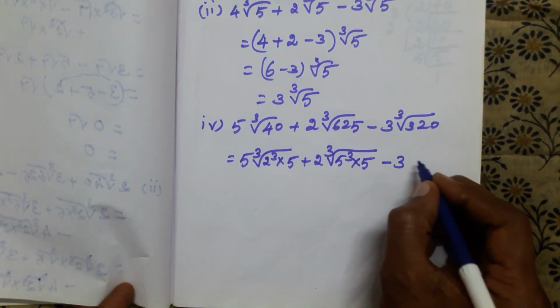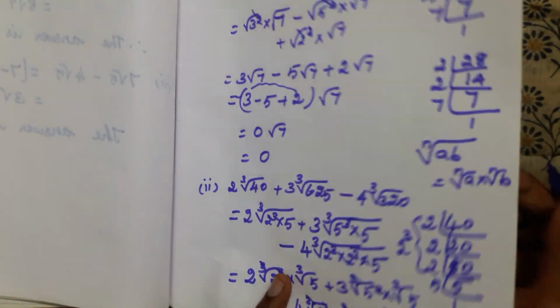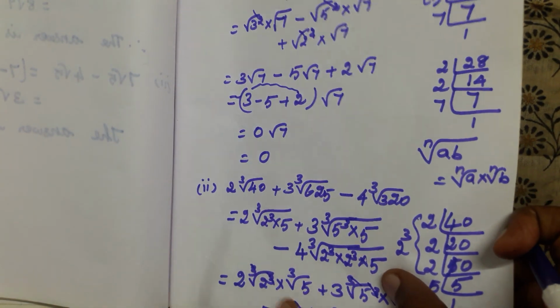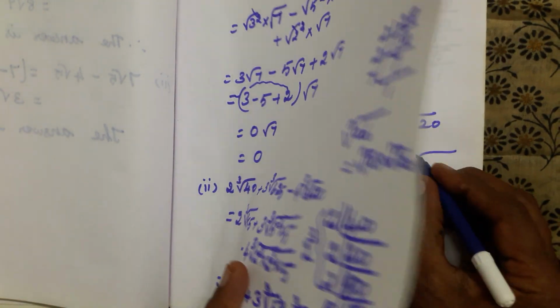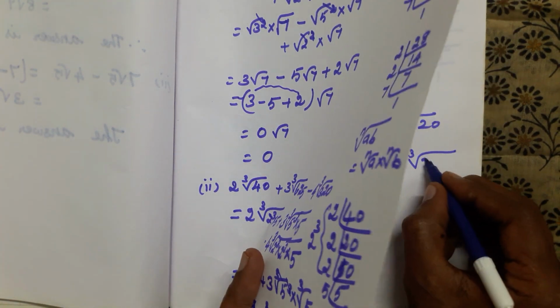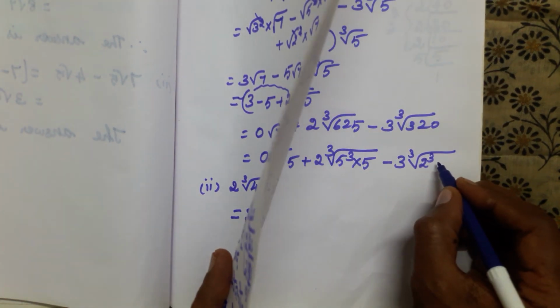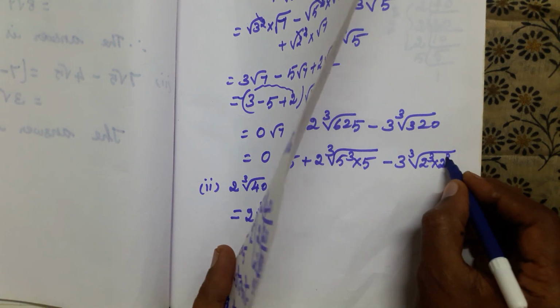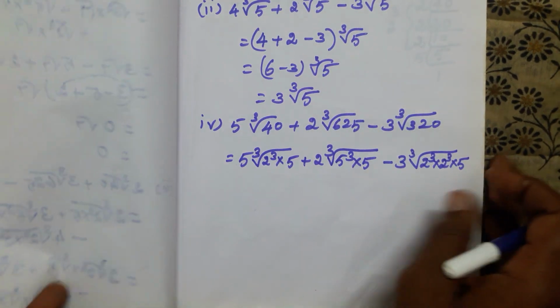Minus 3 cube root of 320. How can we write 320? Cube root of 2 cube into next 2 cube into 5.